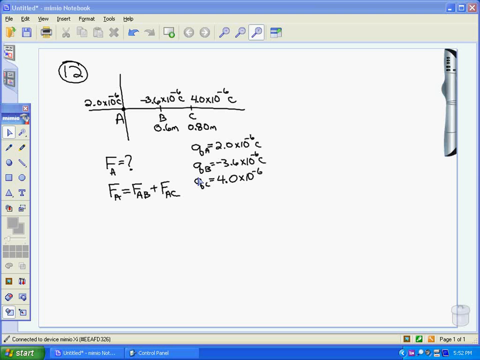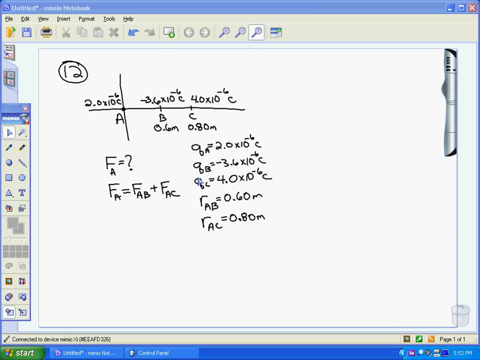And the radius between A and B is going to be equal to 0.60 meters. And the radius between A and C is going to be equal to 0.80 meters.